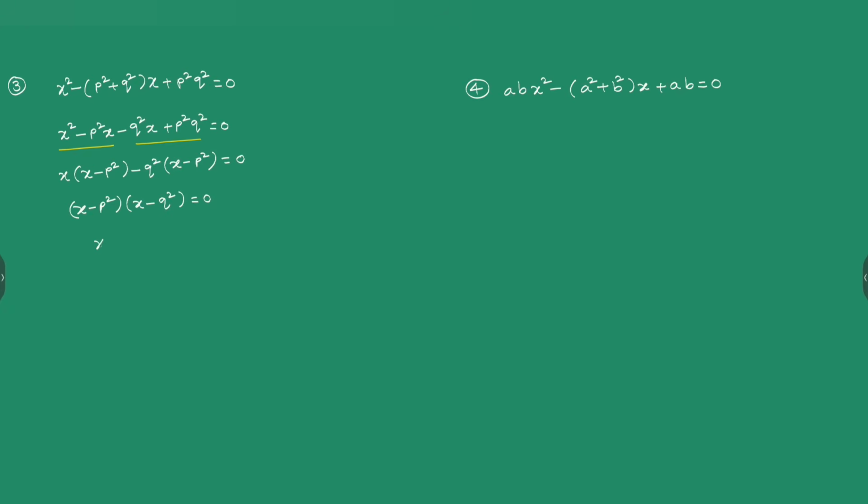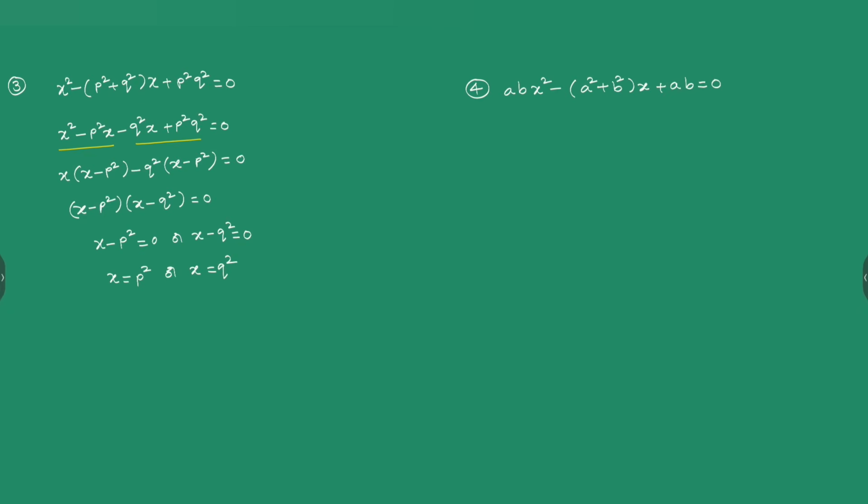So one time x minus p square is equal to 0 or x minus q square is equal to 0, which gives us x is equal to p square or x is equal to q square. So we got two roots.